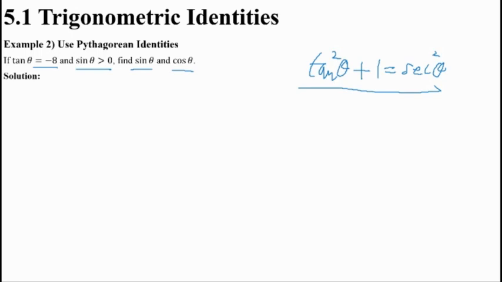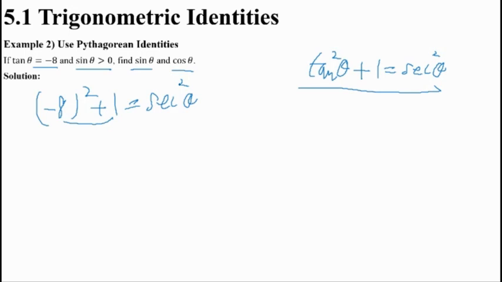So using that, negative 8 squared plus 1 equals secant theta squared.